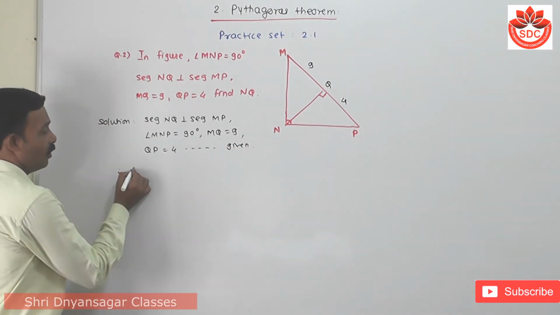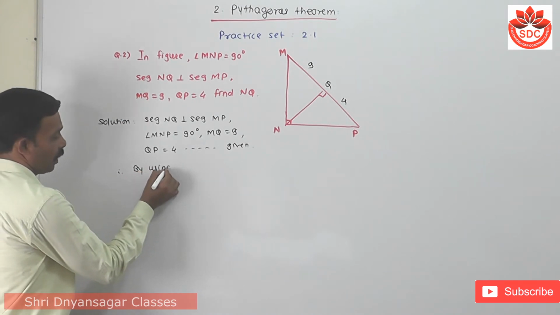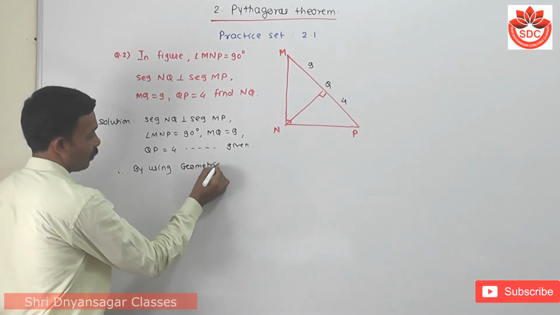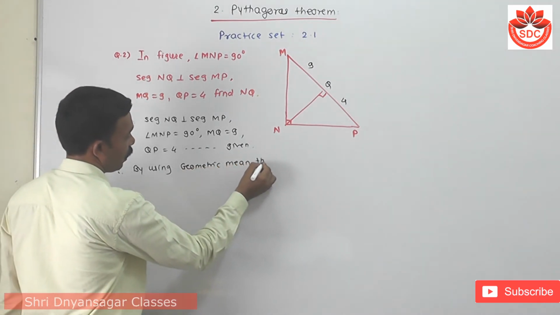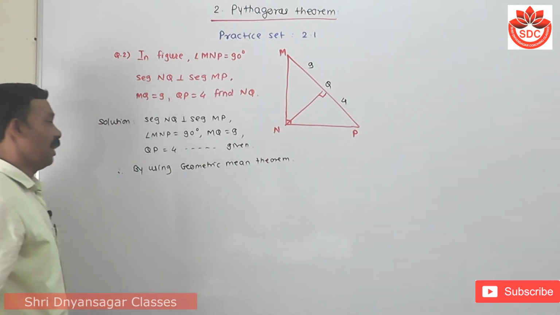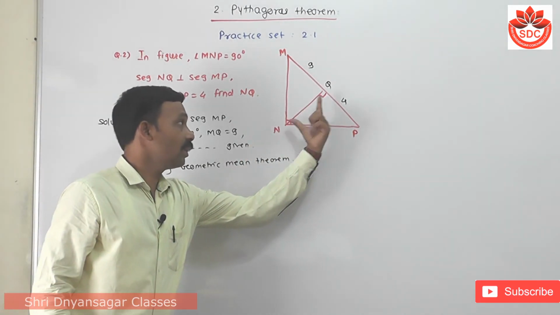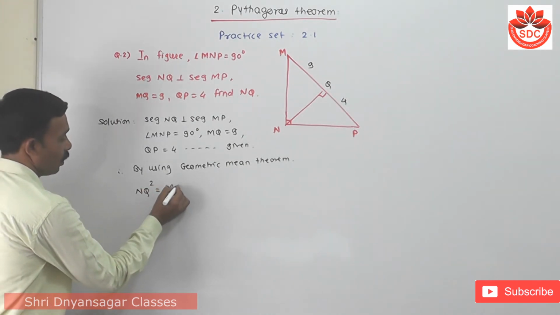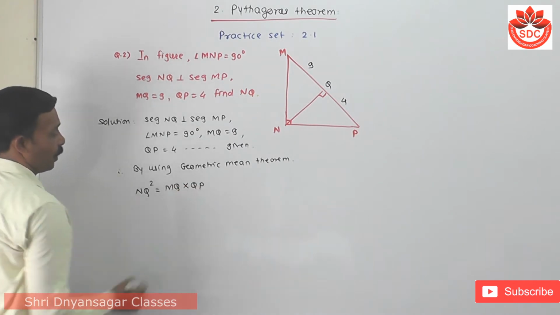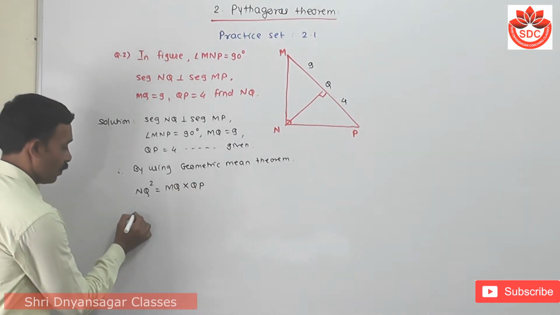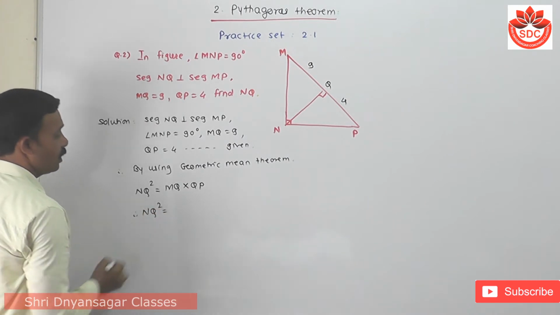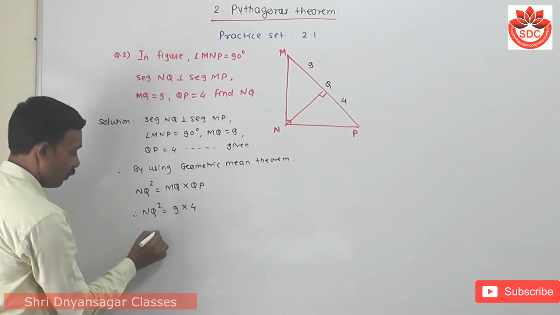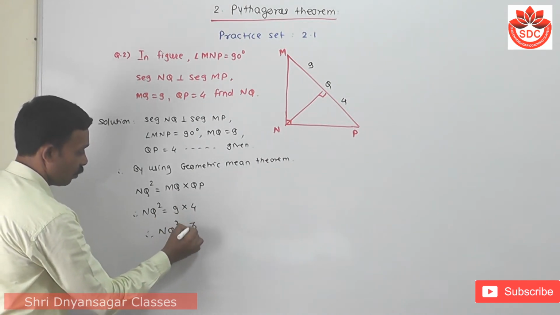Therefore, by using the geometric mean theorem, the square of this perpendicular length, that is NQ square, is equal to MQ into QP. Then we substitute the values. Therefore, NQ square is equal to MQ, 9, into QP, 4. Therefore, NQ square is equal to 36.